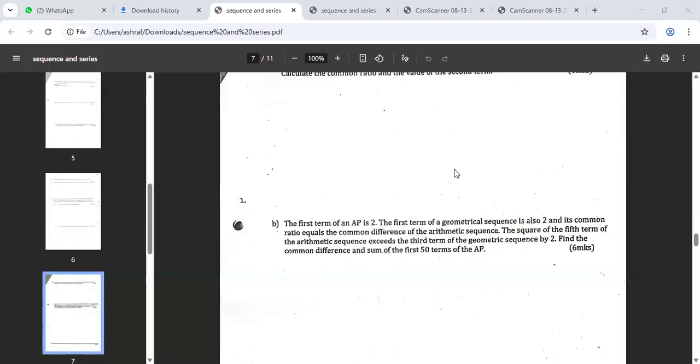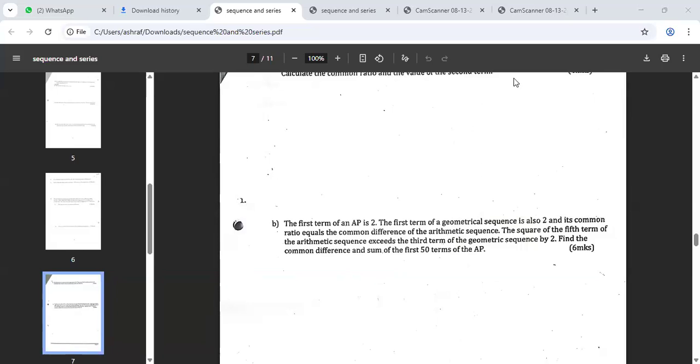Anyone else before I share my working? Wayne, yes, unmute yourself. I got my common difference as -1, and when you do the sum of 50, you get -11/25. Good. Anyone else?